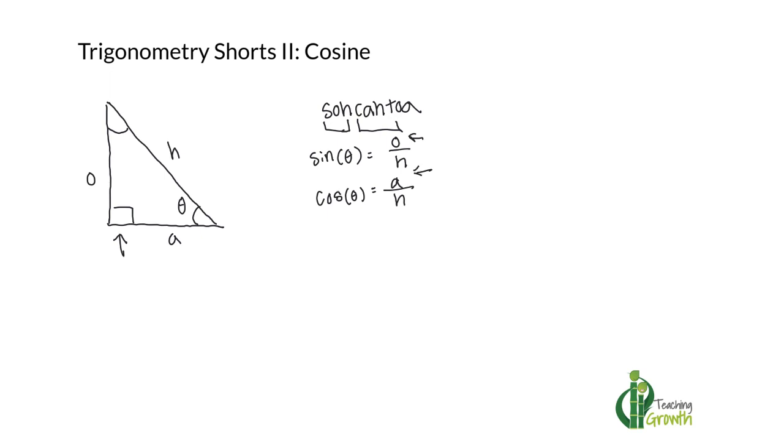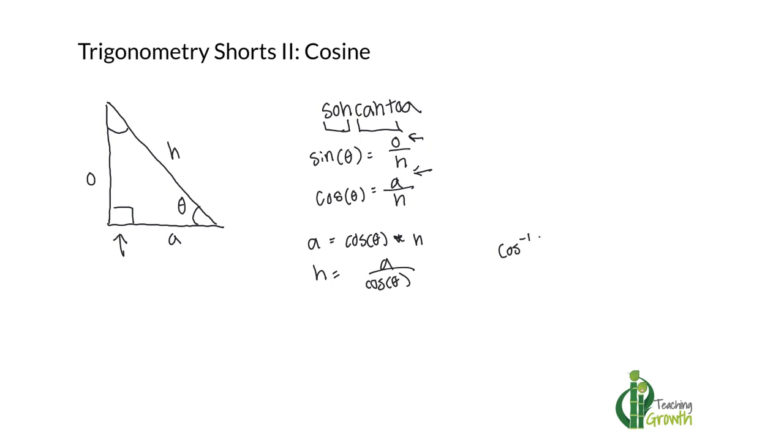Much like sine, this equation can be rearranged to solve for h or a. We can solve for a equals cosine theta times hypotenuse, or the hypotenuse equals the adjacent over cosine of theta. And just like sine, this also has an inverse, and it's notated the same.